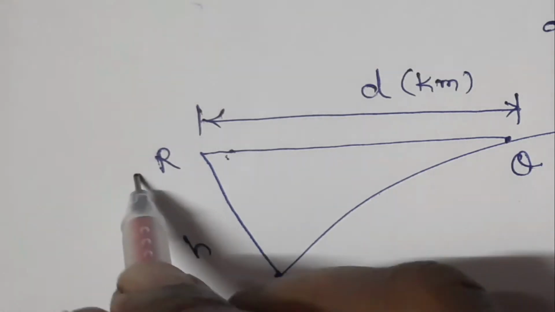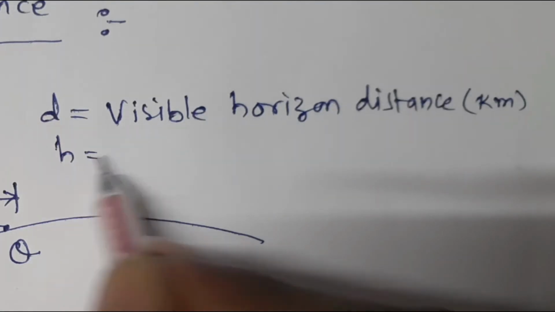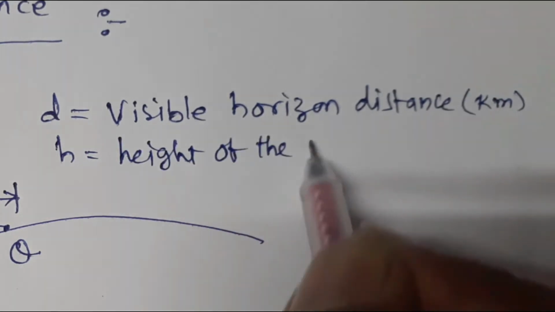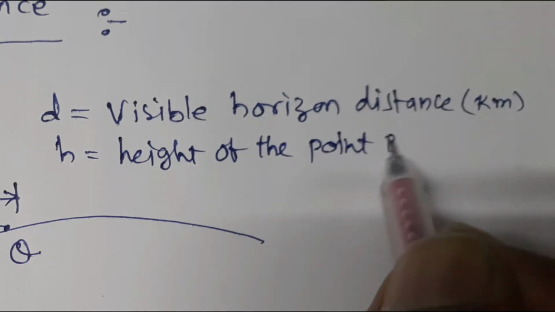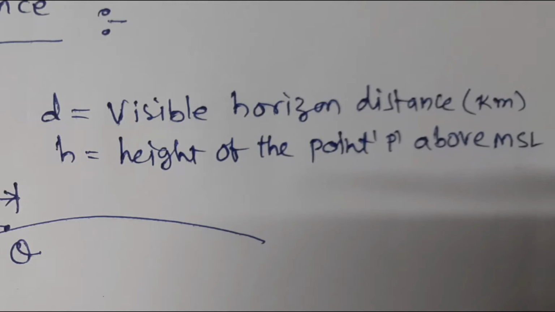See, this is the H, height of this point with respect to mean sea level. H is equal to height of the point above mean sea level.